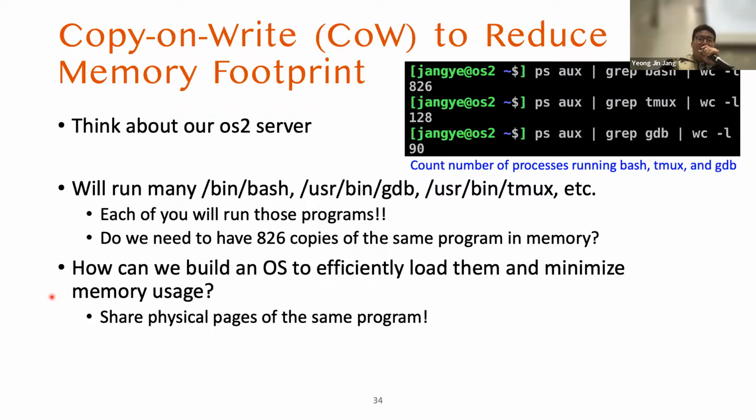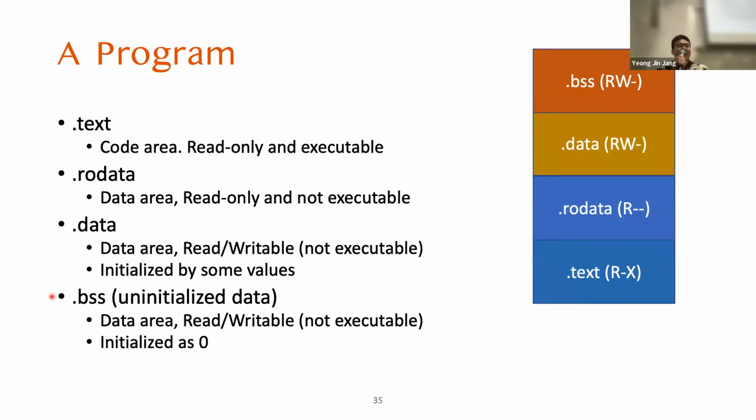Before explaining copy on write, let me describe a little bit about the program address space. We learned about the ELF header, which Unix systems use for executable binaries. In the ELF program, we have several sections. The text section is for code. The code area is generally readable but not writable, and it should be executable because that's the code.